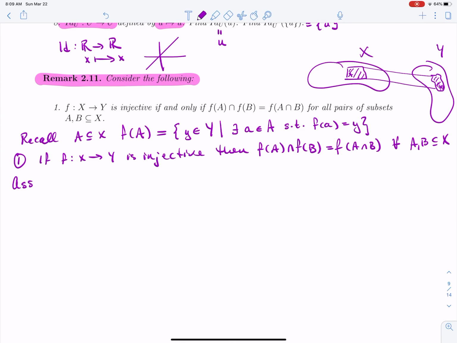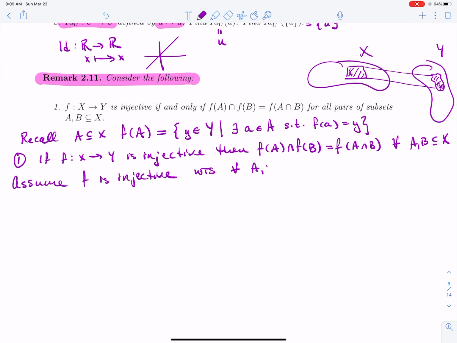We assume f is injective, and we want to show that for every A, B contained in X, we have two things: f(A intersect B) is contained in f(A) intersect f(B), and f(A) intersect f(B) is contained in f(A intersect B).